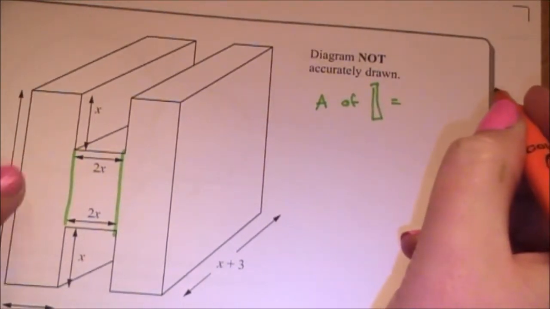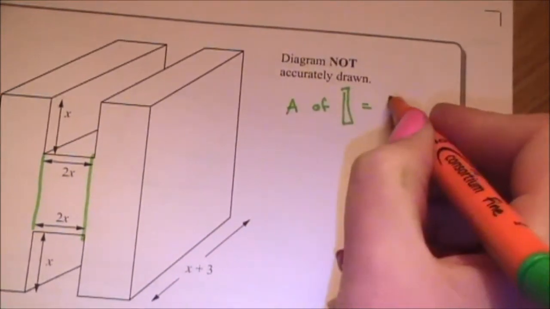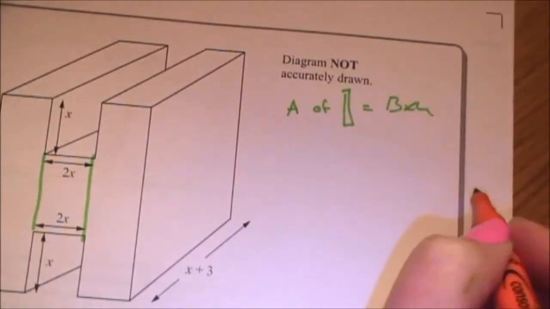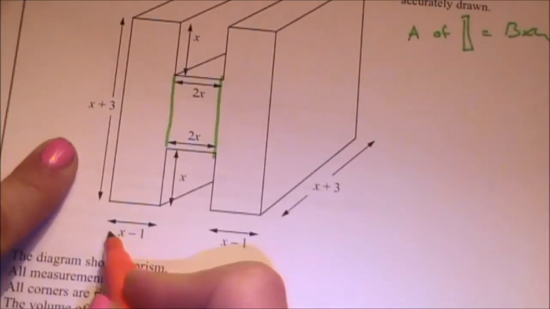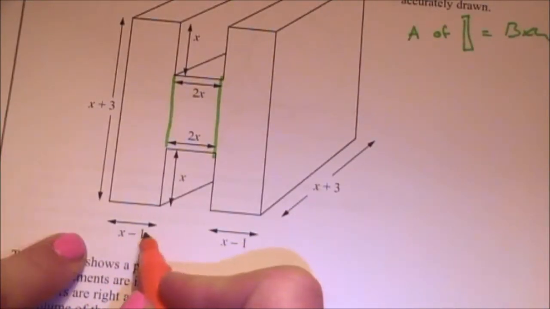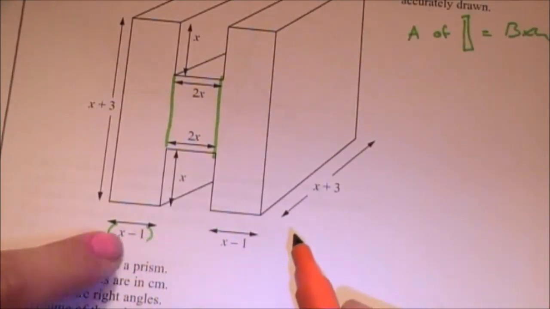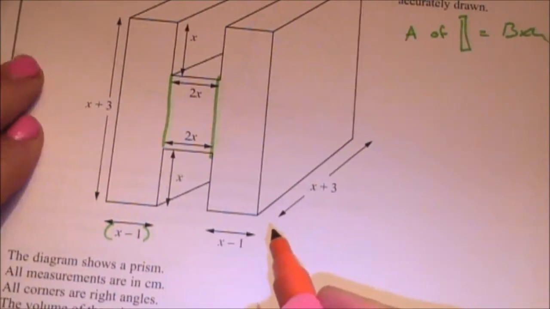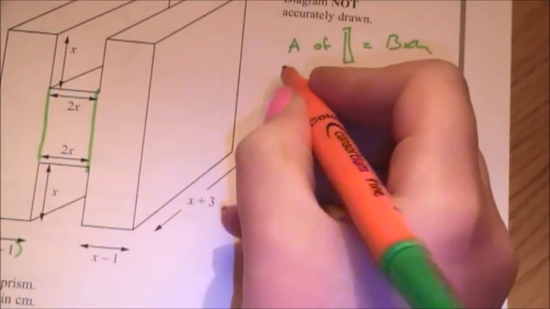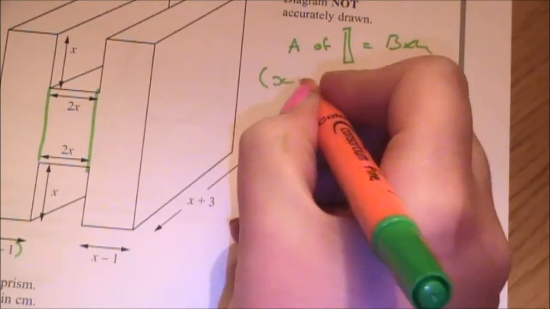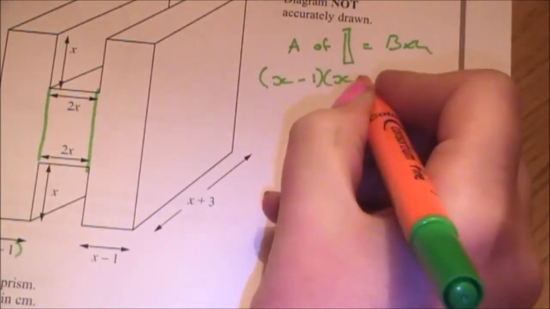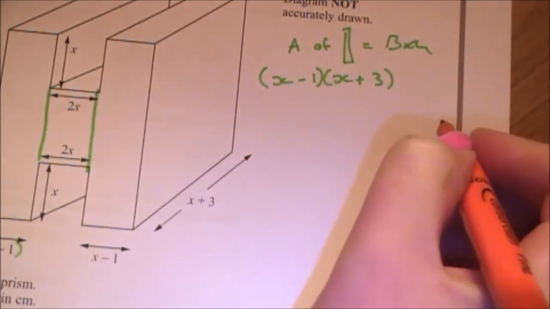I'm going to find the area of one, and area, as we know, is base times height. Now the base is x minus 1, and remember we tuck it all together in a bracket, and the height is x plus 3. So I'm going to end up with (x minus 1)(x plus 3).